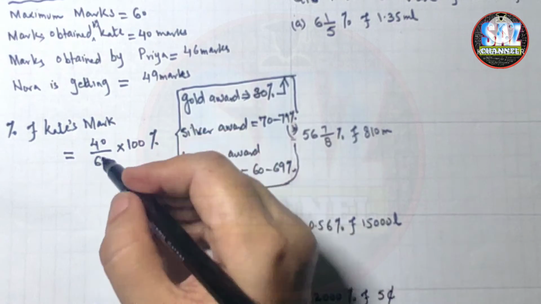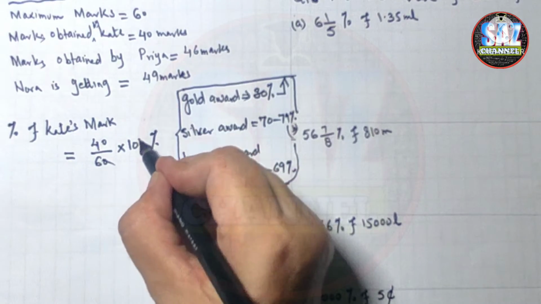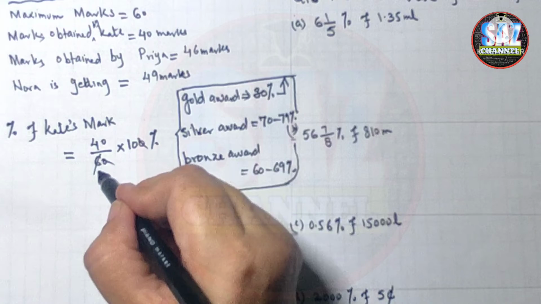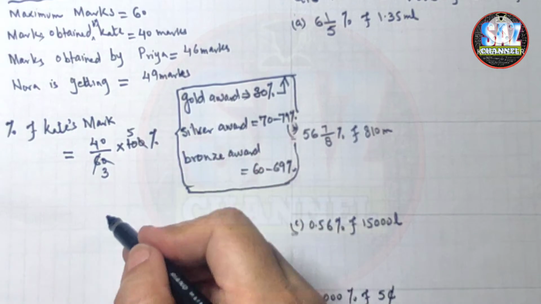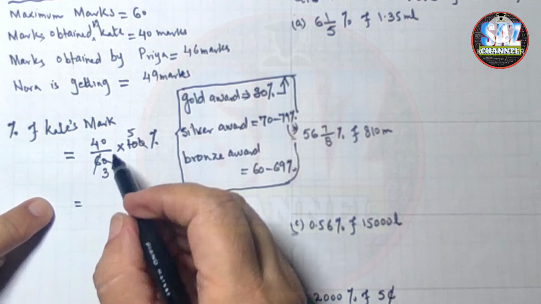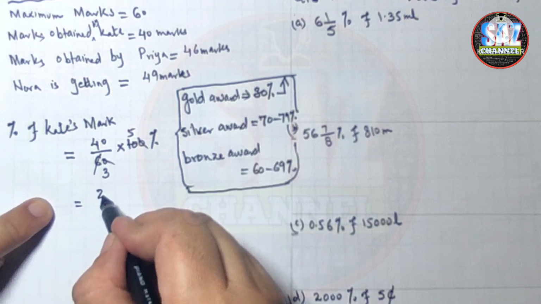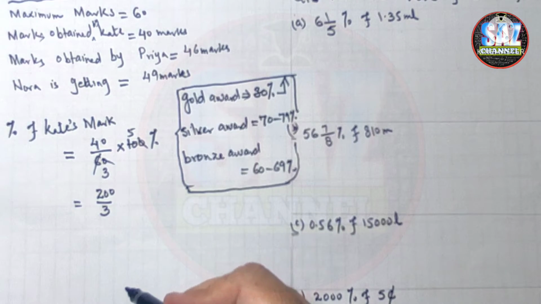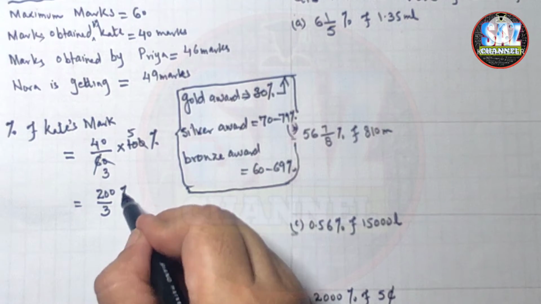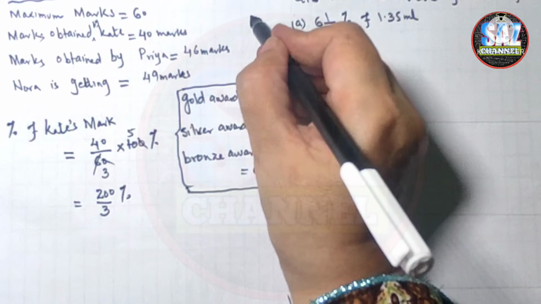Try to make the calculation without a calculator. 0 goes with 0, 2 3s are and 2 5s are. We are left with 40 times 5 is 200 by 3, and 200 divided by 3, what comes?